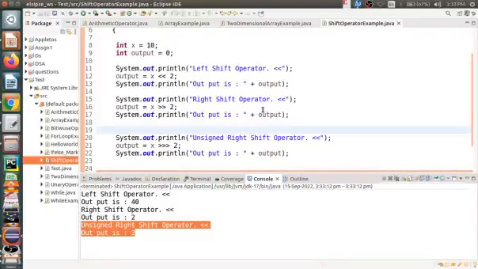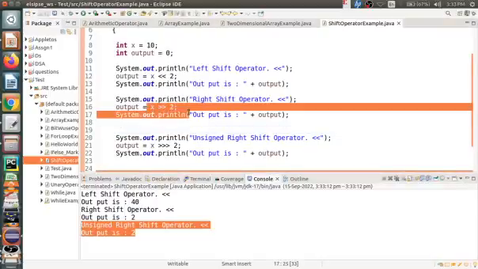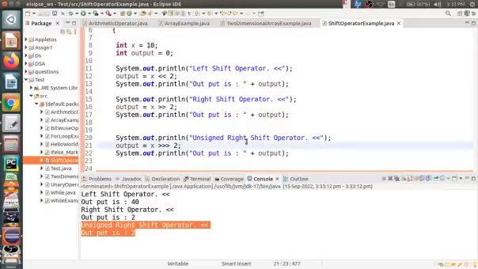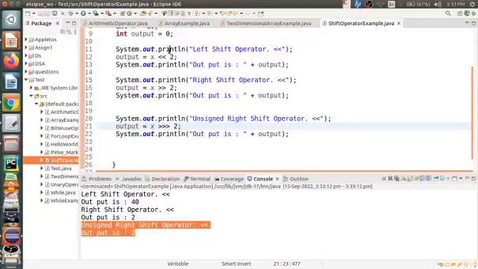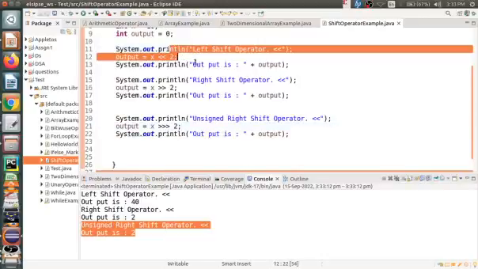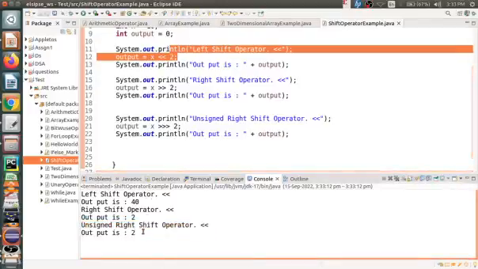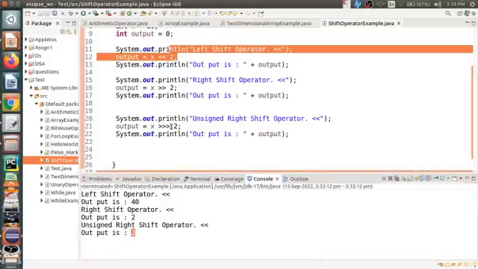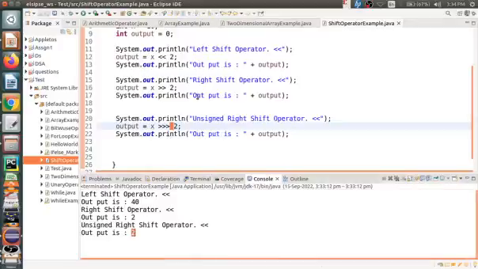For a negative integer, the signed and unsigned right shift operators will be different, as already seen in the logic. For left shift with negative values, it may be the same for signed and unsigned, since unsigned left shift is not there. So the unsigned right shift of 10, 2 times, is equal to 2.